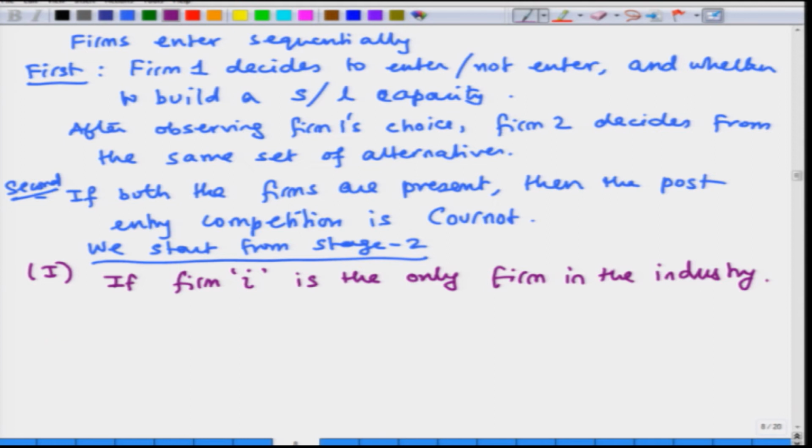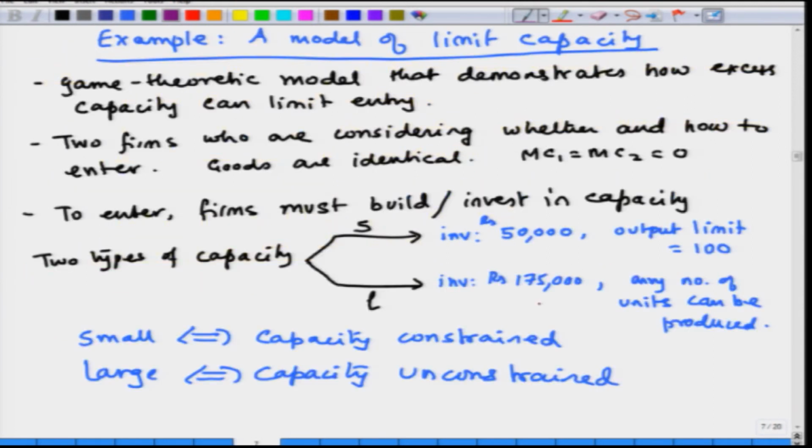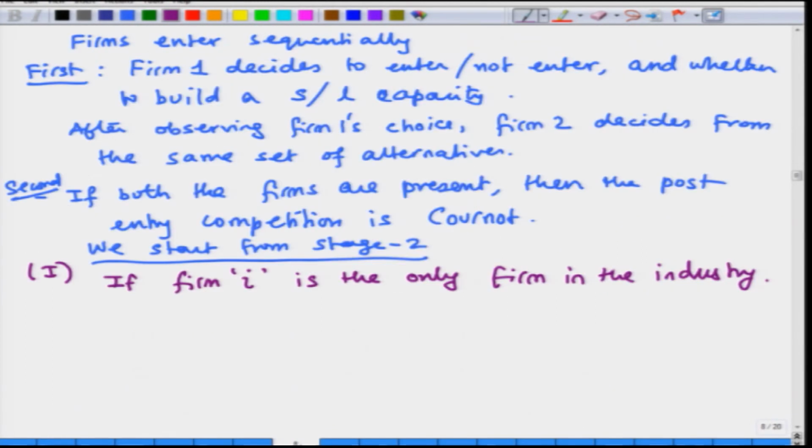Now, we have put structure on the capital investment needed and the marginal cost of the firms. Let us put a structure on the inverse demand curve also. Let us suppose that the inverse demand curve is P equals 900 minus Q1 minus Q2. Right. So, that we have everything in numbers.